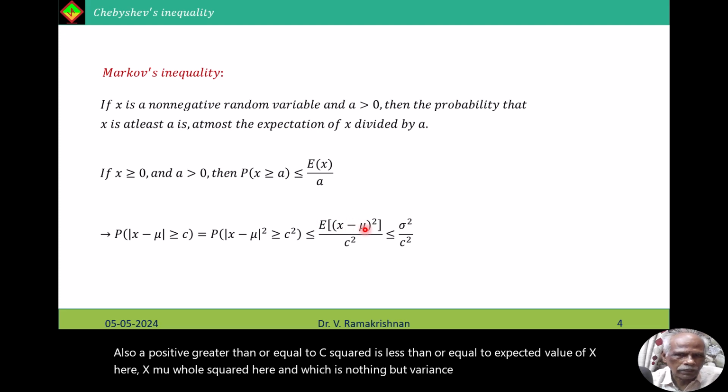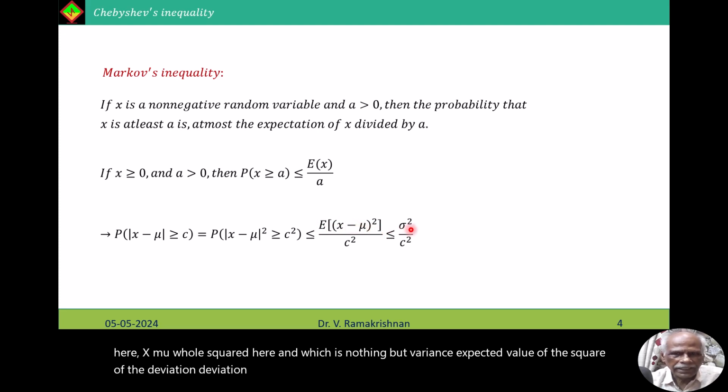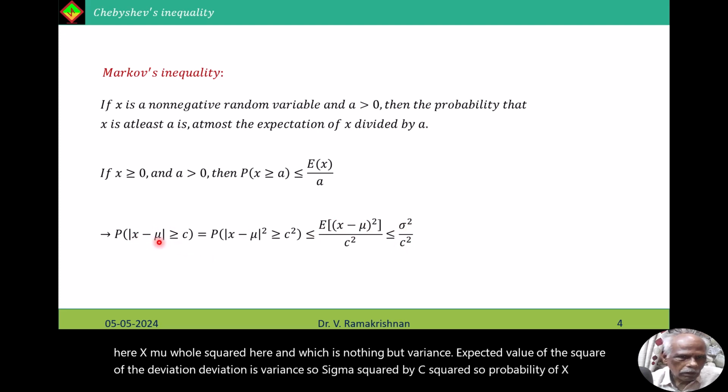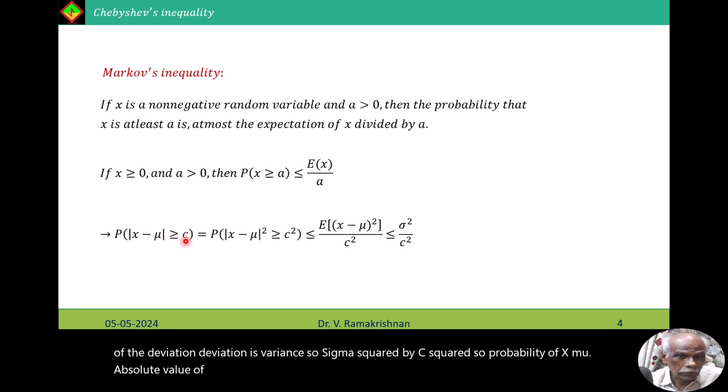Expected value of the square of the deviation is variance. So sigma squared by c squared. So probability of absolute value of x minus mu greater than or equal to c is less than or equal to sigma squared by c squared.